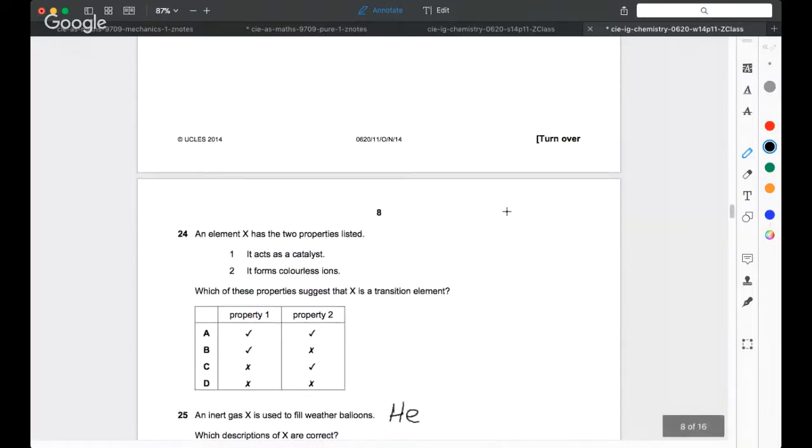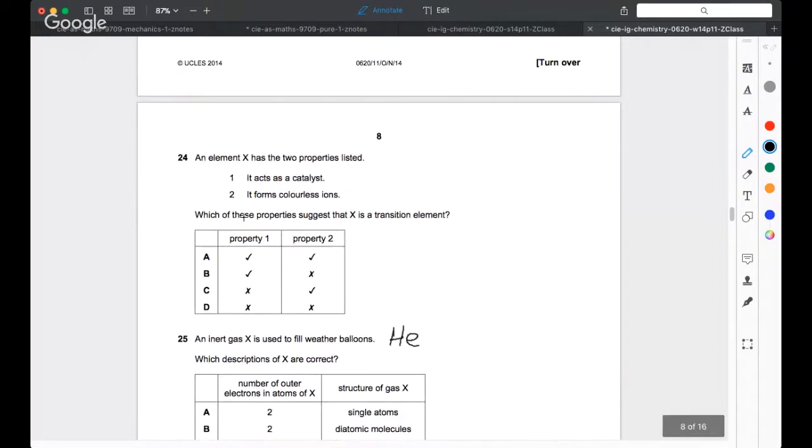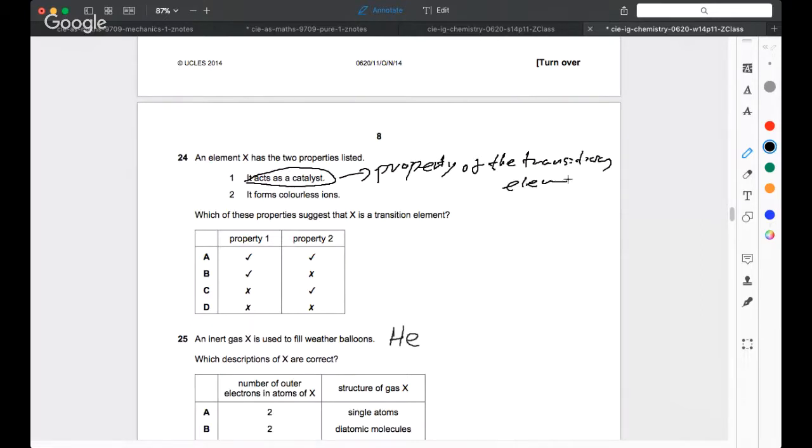Number 24. So catalyst is a property of the transition elements. If we know it is a catalyst, then it's suggesting that this element belongs to the transition block.